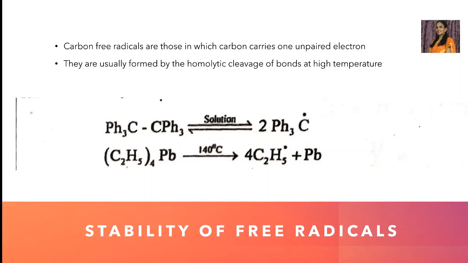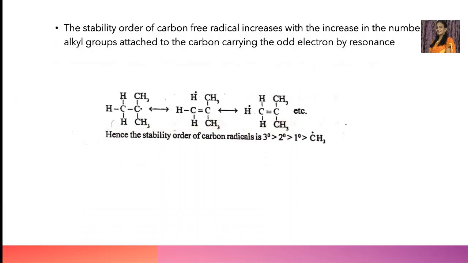This is the way in which homolytic bond fission produces carbon free radicals at high temperature. The stability order of carbon free radicals increases with the increase in number of alkyl groups. The more the number of alkyl groups, the more the stability of the free radical increases.